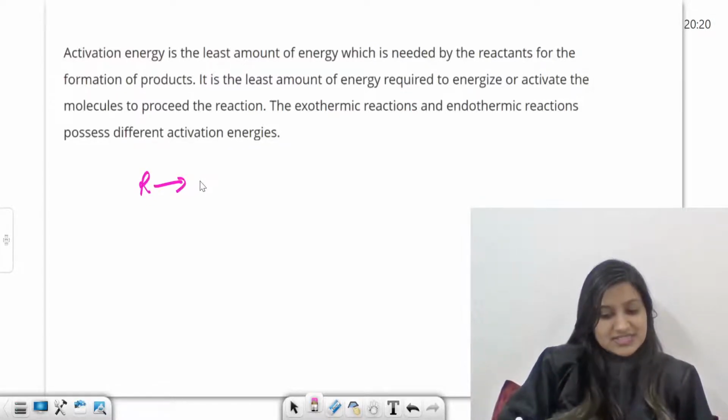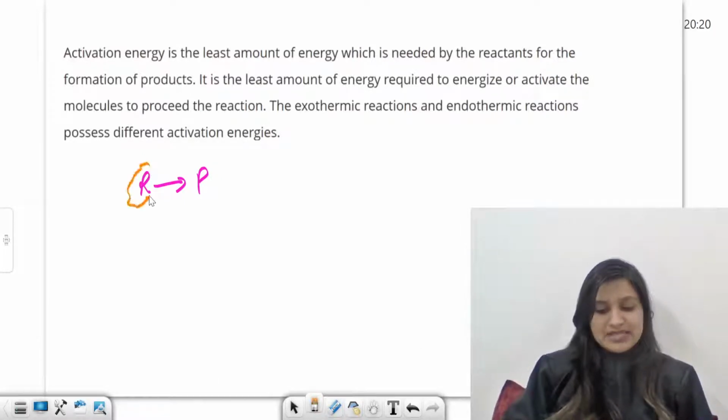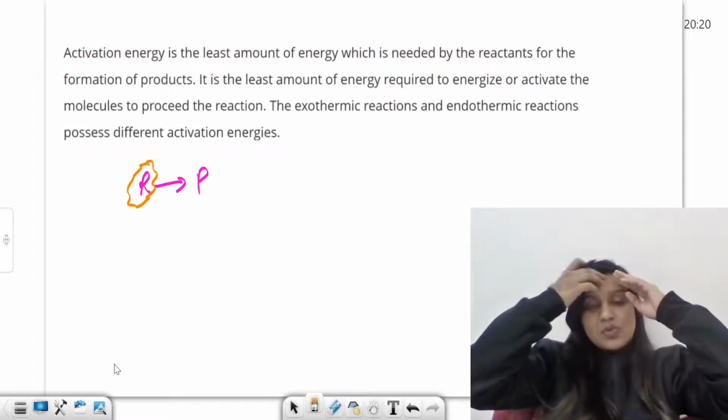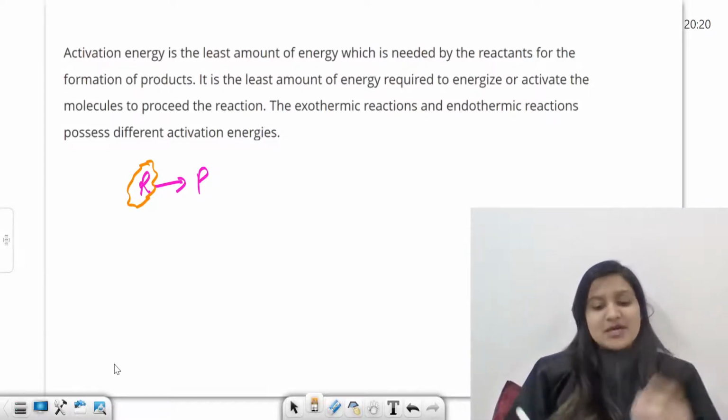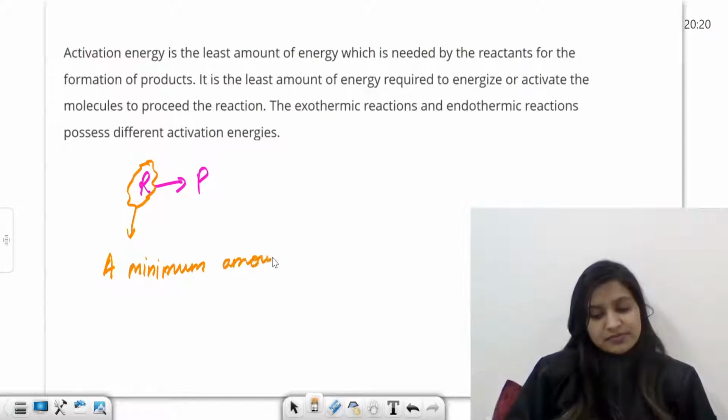For that, I need the reactant to have a minimum amount of energy.